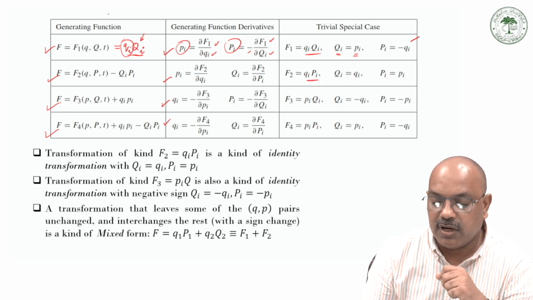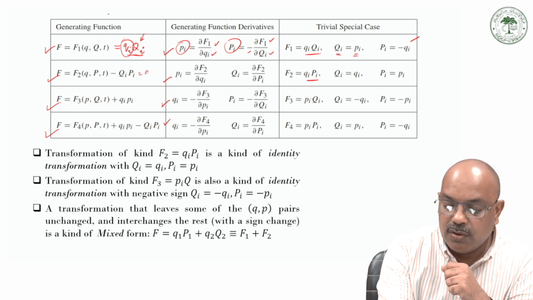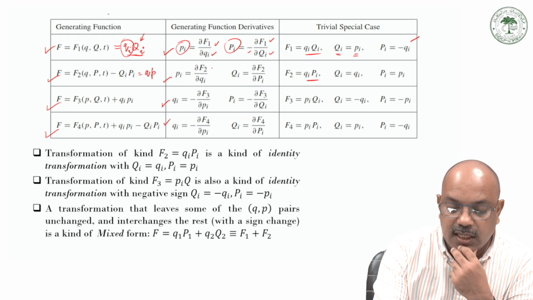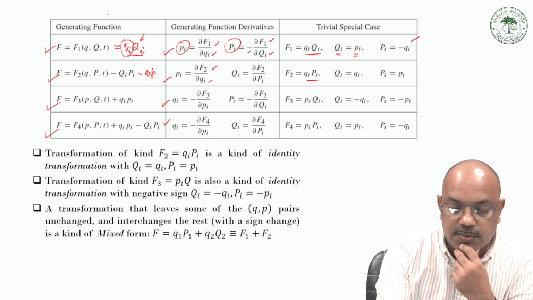Or if the generating function is qp, then from here, if you take delta f2 with respect to q, you get capital P, which is going to be p.